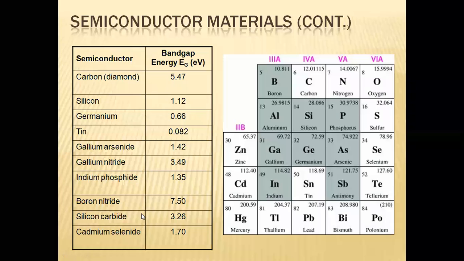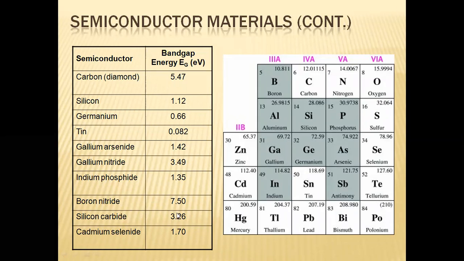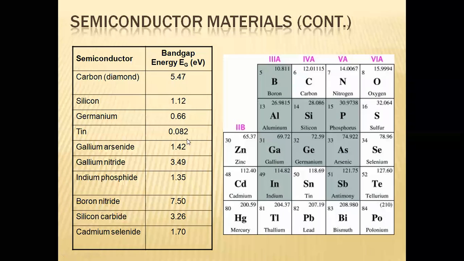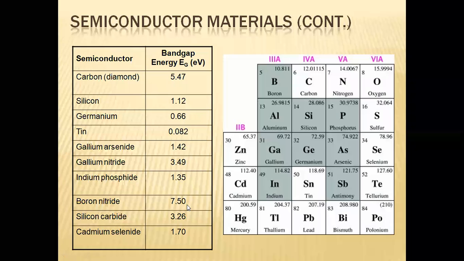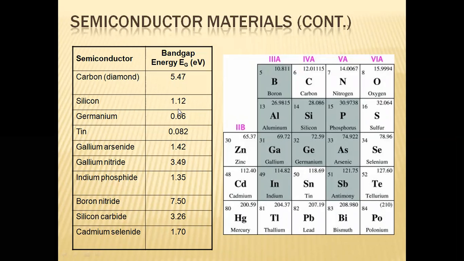Silicon carbide, a mixture of silicon and carbon, has 3.26 electron volts of band gap energy, whereas germanium has only 0.66, and hence it is about 5 times more than the germanium operational capability.